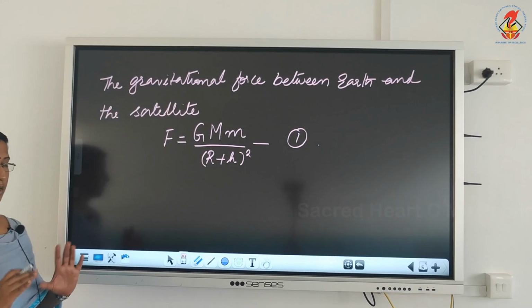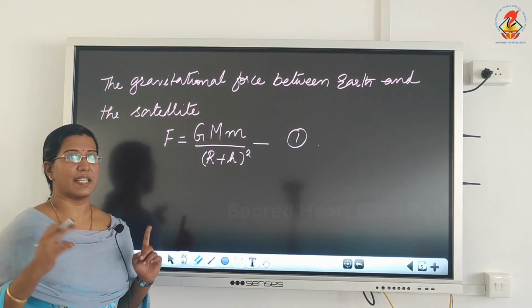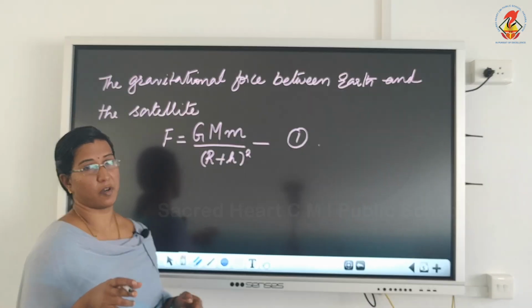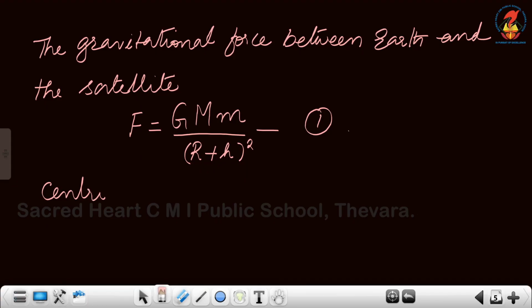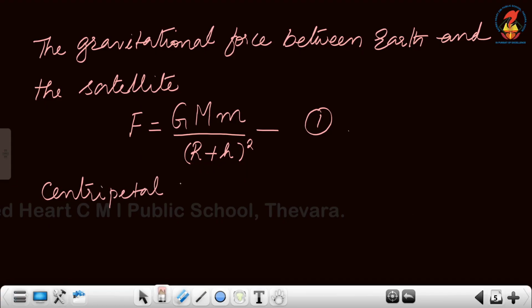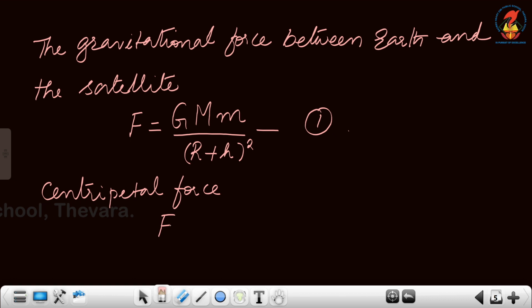Next, as I told you, for every object to be in its circular track, it must be provided with a centripetal force. So centripetal force, we will call it Fc, is equal to, what is the general equation for centripetal force? It is mv square by r.